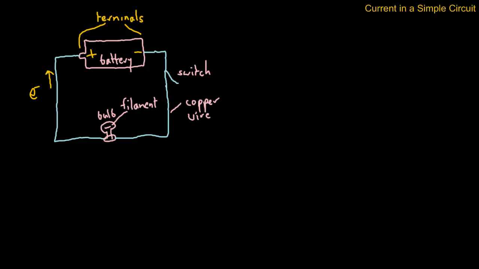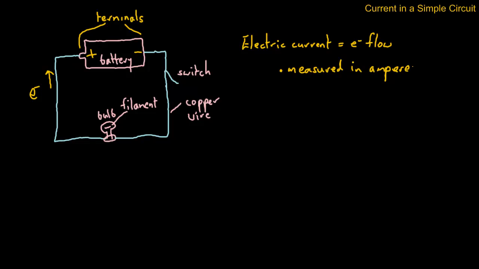Now, as we know, electric current equals an electron flow. And this is measured in amperes, shown with a capital A. Often when we talk about it, we just say amps.